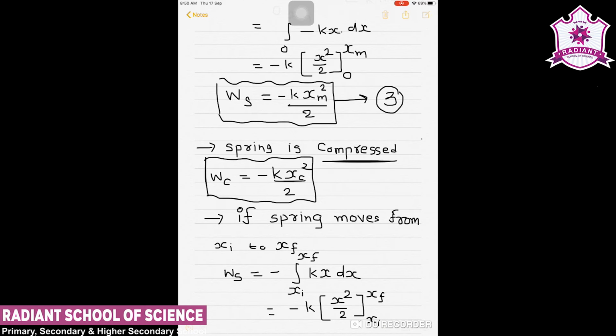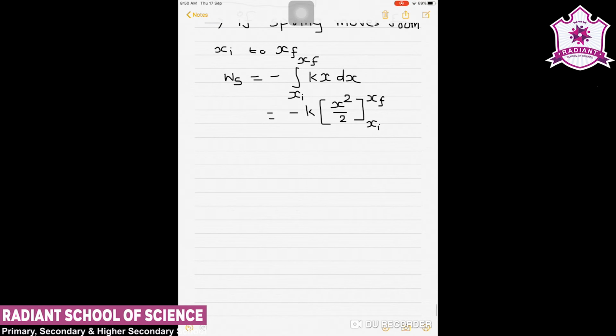Now in this case we can change the limit as the negative sign comes outside, so we can say that this is k x square by 2 from xf to xi.